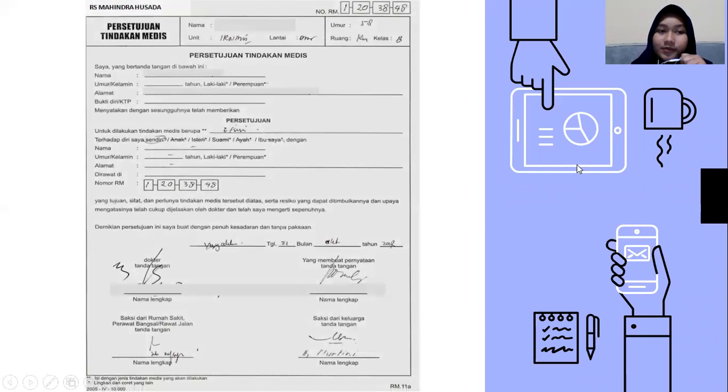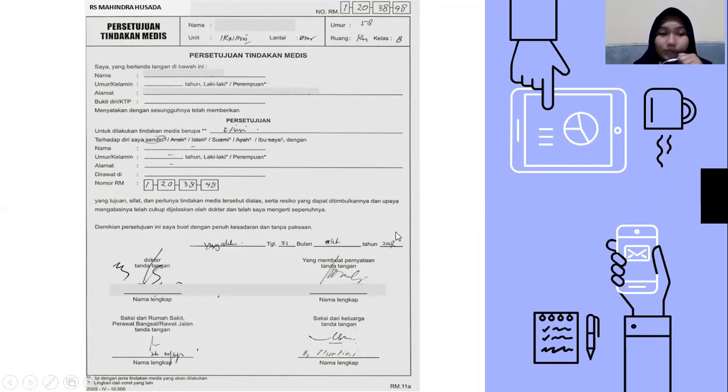And this is the example of an informed consent, which is part of a medical record document. We can see that there are some parts here that are censored, like the patient's name, patient's address, and doctor's name. This was done because medical record documents are confidential.